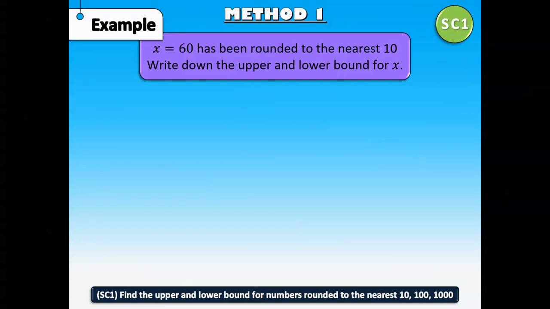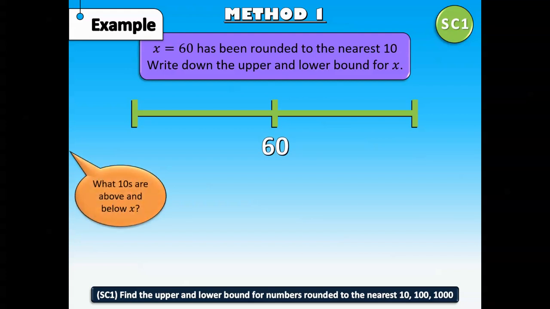So if x is 60 and it's been rounded to the nearest 10, we want to write down the upper and the lower bound for x. If we have a look at 60, which is on our number line in the middle, and think about what tens are below 60 and what tens are above 60.